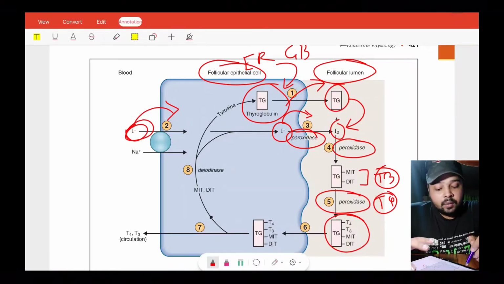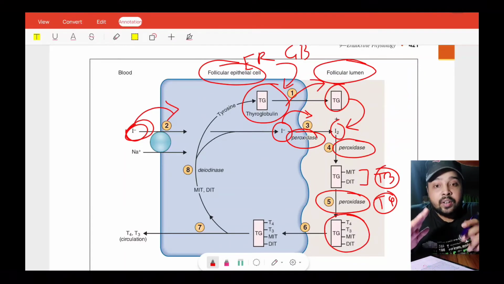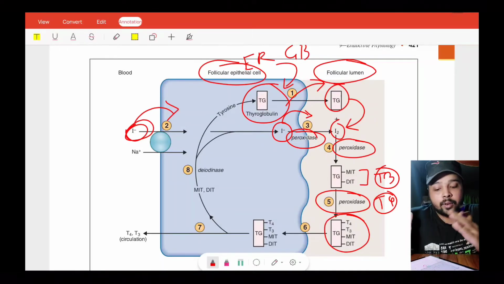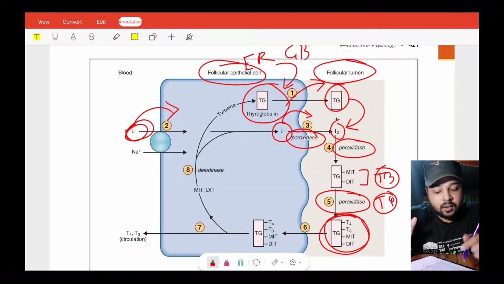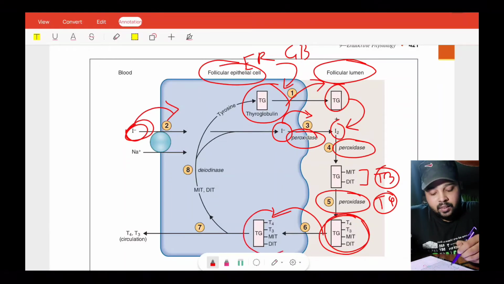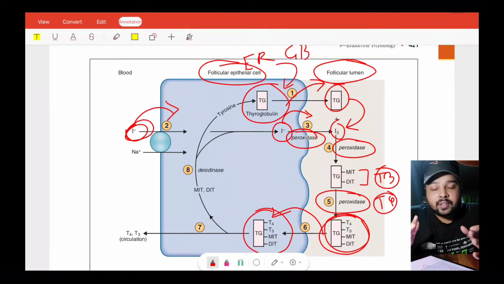After that, the thyroglobulin is endocytosed. Endocytosed means it goes back from the follicular lumen to the follicular epithelial cell. The thyroglobulin in which T3, T4, MIT and DIT are attached goes into the follicular epithelial cell. After that, there will be hydrolysis of the T3 and T4 by the lysosomal enzyme.